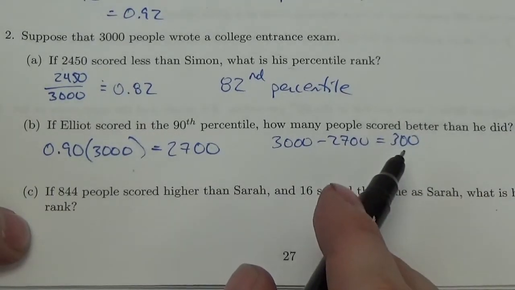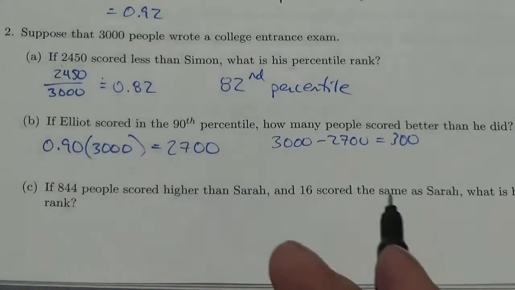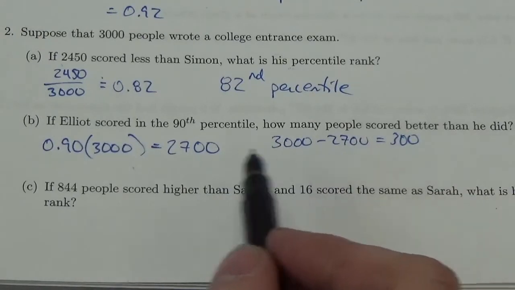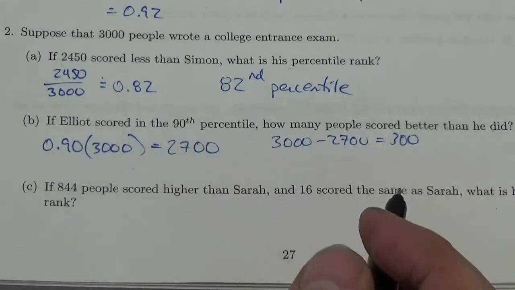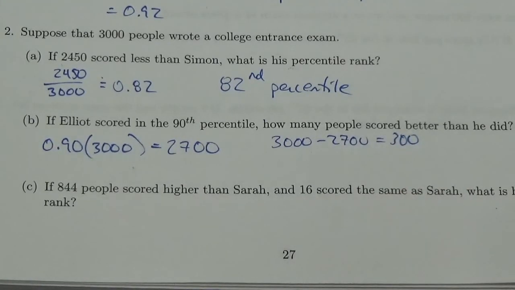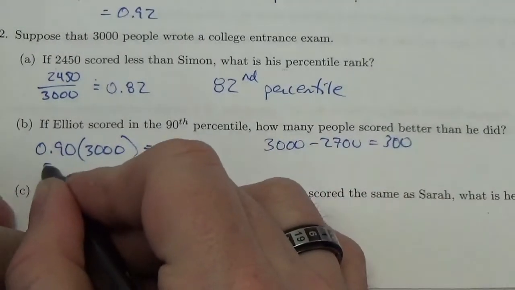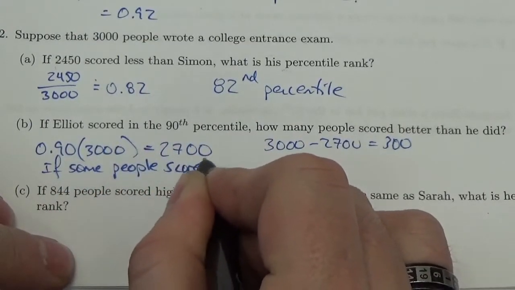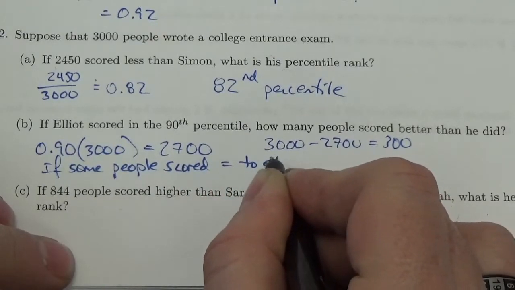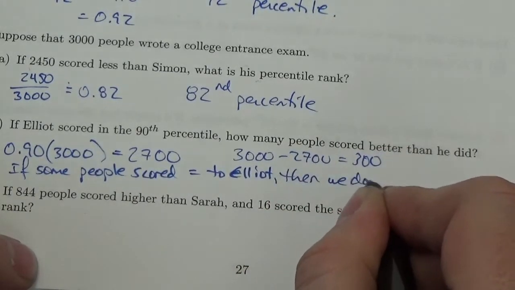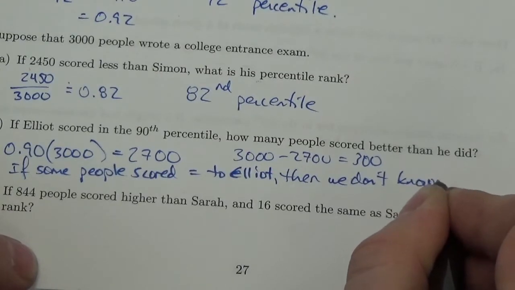However, that's not true, though. The reason is, well, what about Elliot? He's in this group of 300 people that scored higher than those 2,700 people. So the question is, are there people in there that did exactly the same as Elliot? If some people scored equal to Elliot, then we don't know.